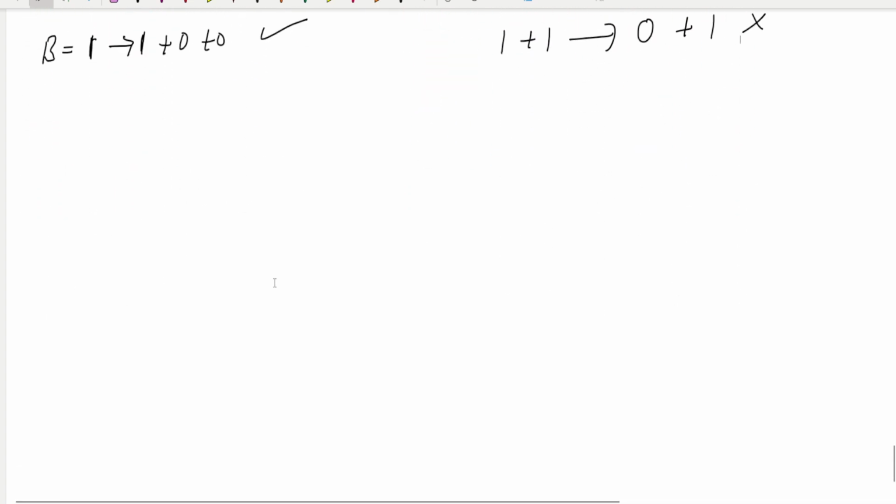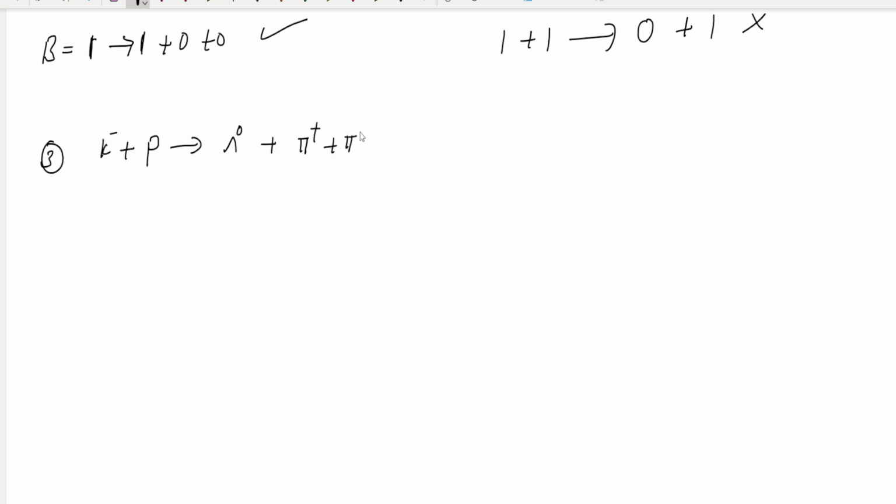If you want to practice, here I am going to give two examples. You need to check K minus p tends to xi minus plus K plus plus K naught, and another one, p plus tends to n plus p plus anti-p.